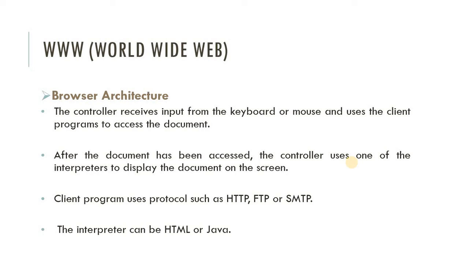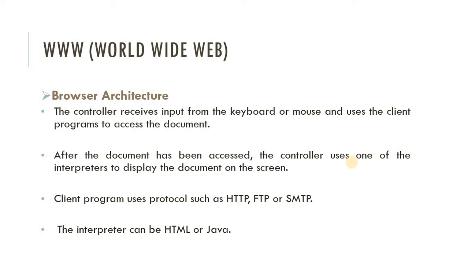The third is a client program, and the client program uses a protocol such as HTTP, FTP or SMTP to display those web pages, which we'll learn in a later session. Just for reference, just understand that each and every browser uses protocols.